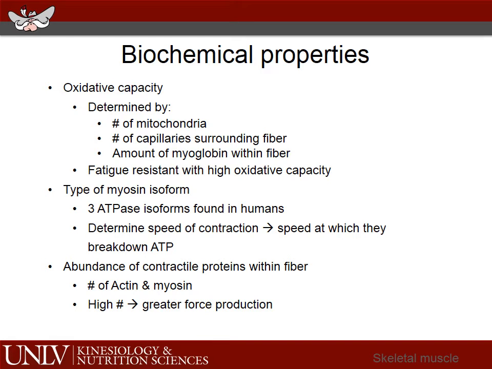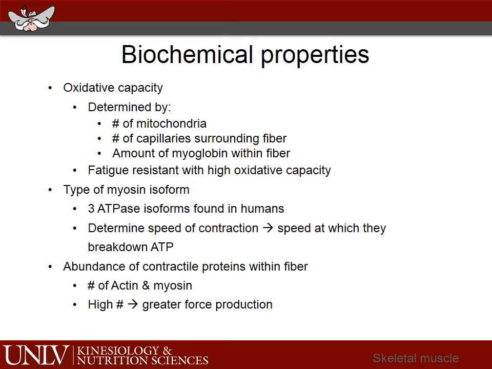So let's go further into some of the biochemical properties of skeletal muscle and fiber types. The oxidative capacity of a muscle fiber is determined by the number of mitochondria, and this is essentially the capacity of it to produce ATP through the different mechanisms. And then you also have the number of capillaries surrounding the fiber.